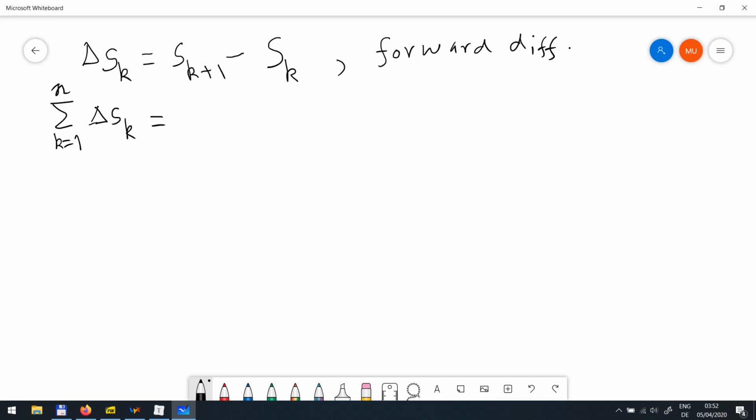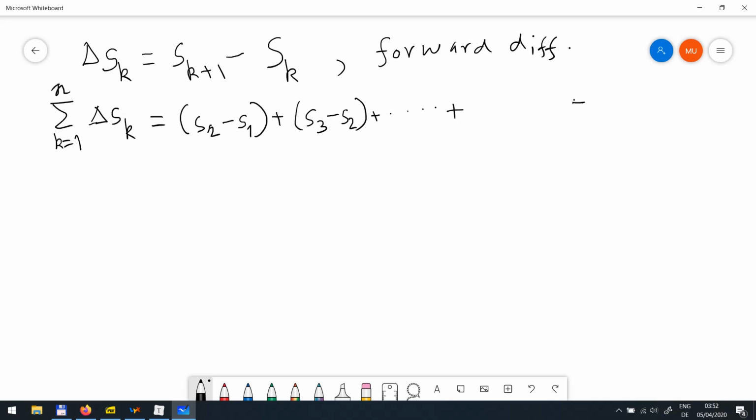So if I now plug these in for each value of k, so if I plug this in for k equal to 1, what will I get? I will have to subtract the first term from the second term, because second will be the next. For k equal to 2, I have to subtract the second term from the third term, and so on.